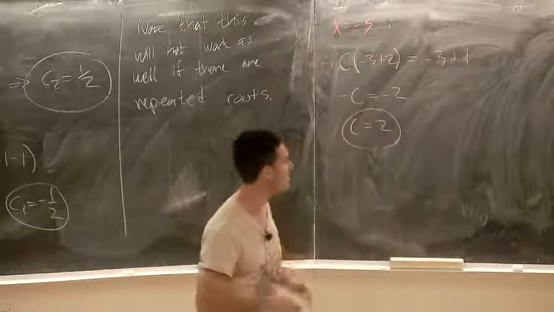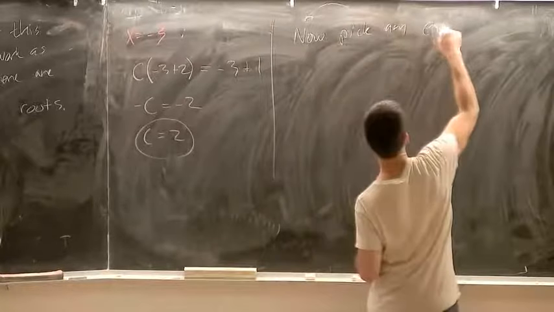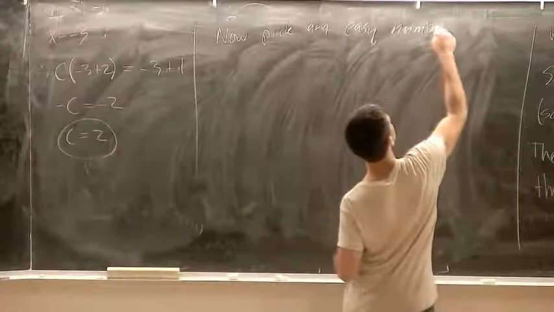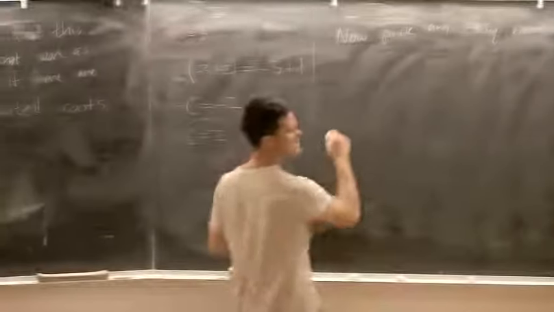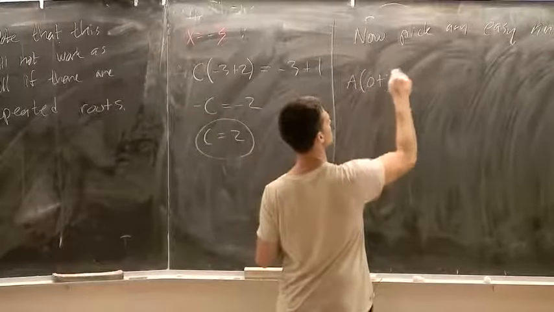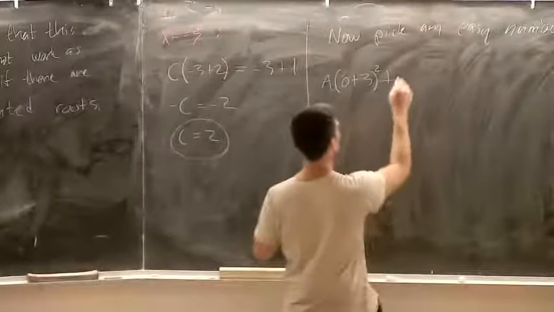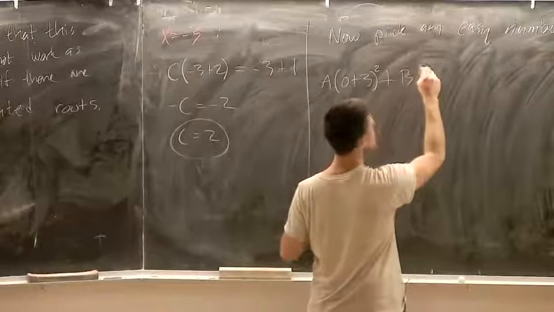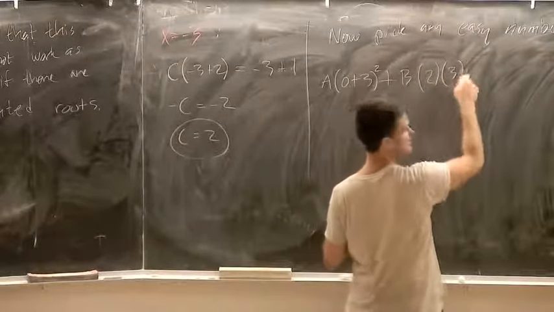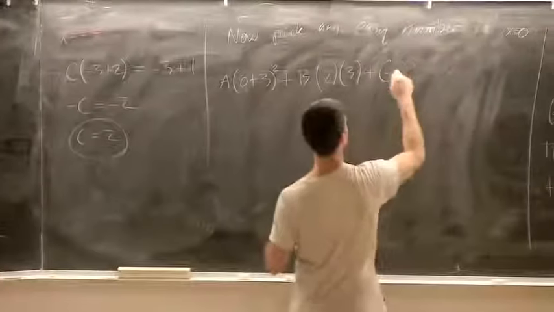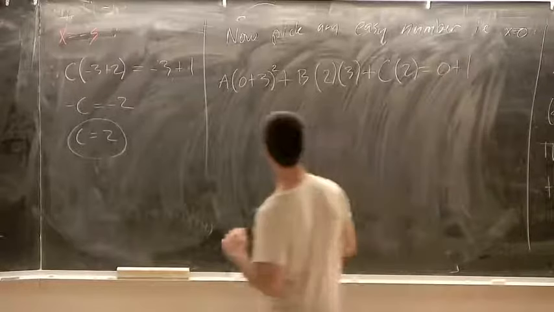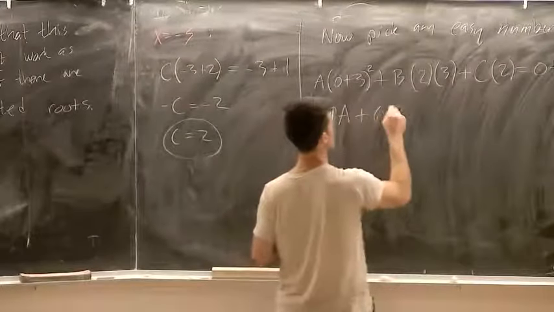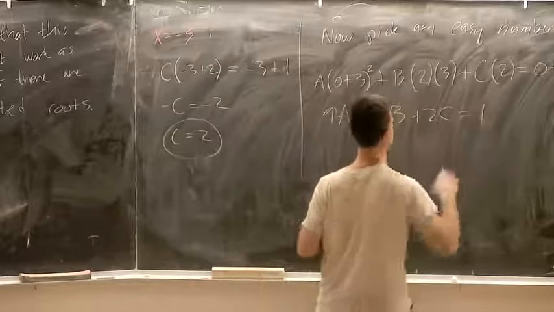So just pick any easy number, i.e. x equals 0. And what do we get then? We'll get A times 0 plus 3 squared, plus B times 2 times 3, plus C times 2 equals 0 plus 1. So 9A plus 6B plus 2C equals 1.